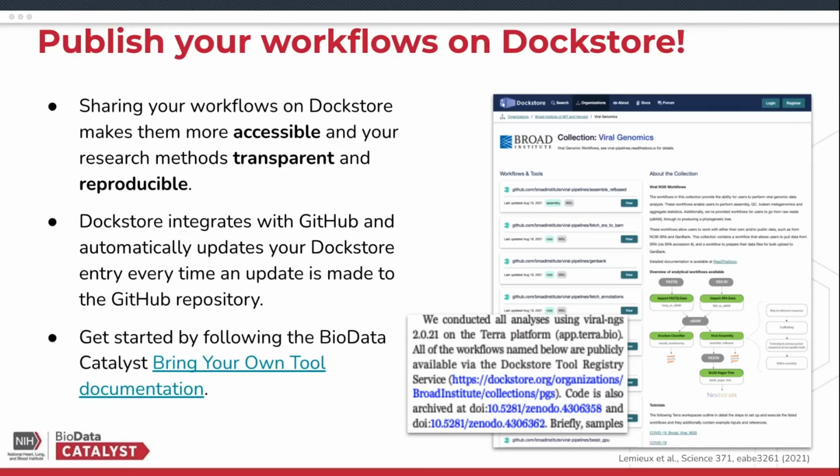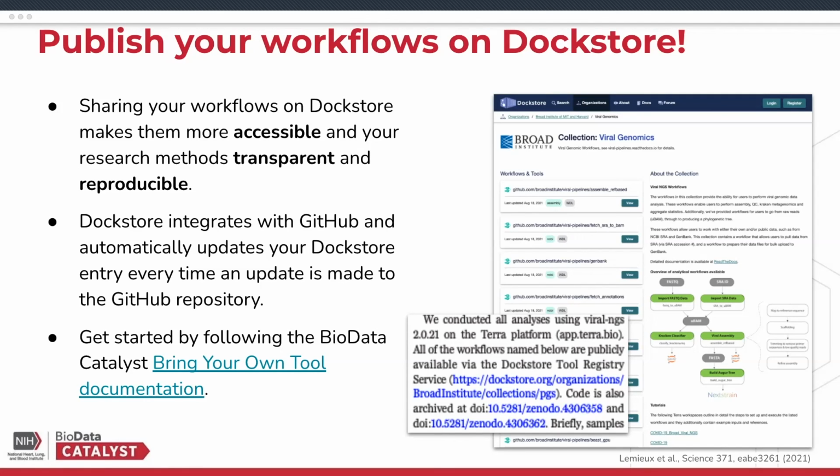And then finally, you can publish your own workflows on Dockstore. Sharing your workflows on Dockstore makes it more accessible, makes your methods more transparent and reproducible. And Dockstore integrates with GitHub so that whenever you make changes to your GitHub repo, the Dockstore entry can automatically get updated.